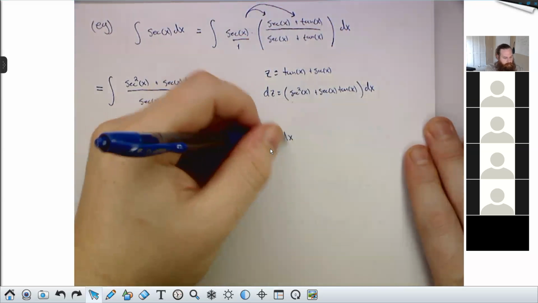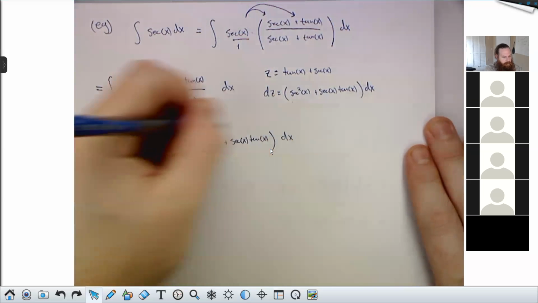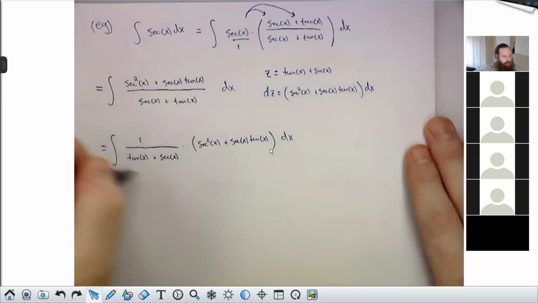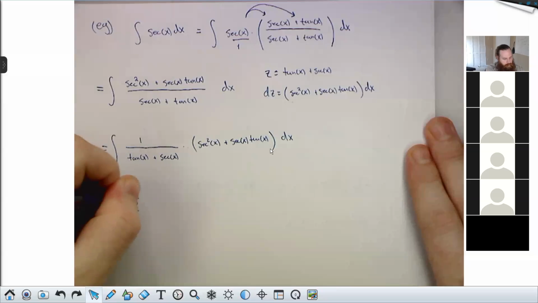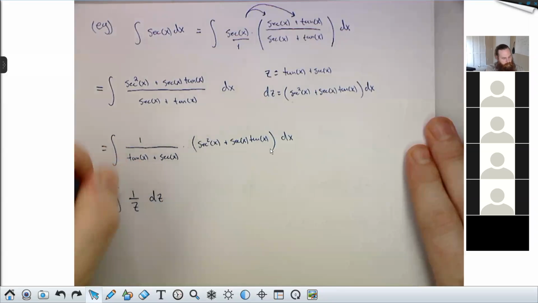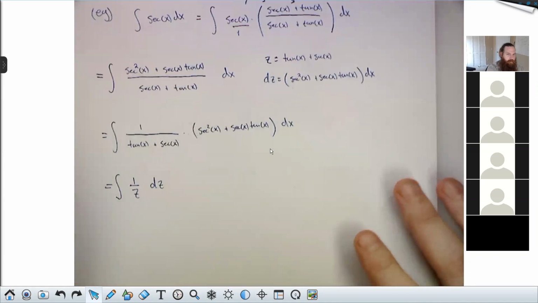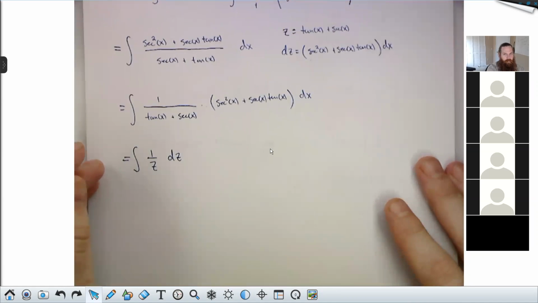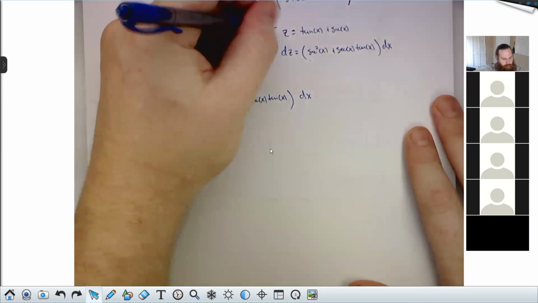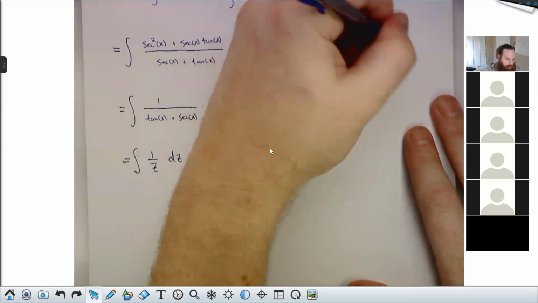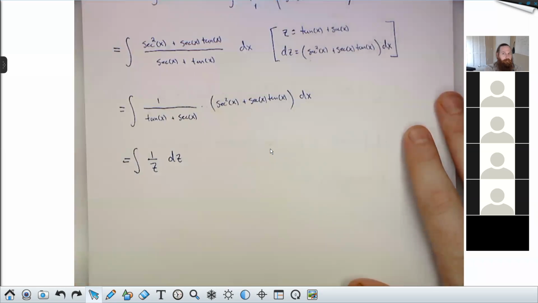This piece is dz. This piece is 1 over z. And I know how to integrate 1 over z dz, don't I? So here's my substitution. Put everything in a box. It makes it easier to see what came from where.